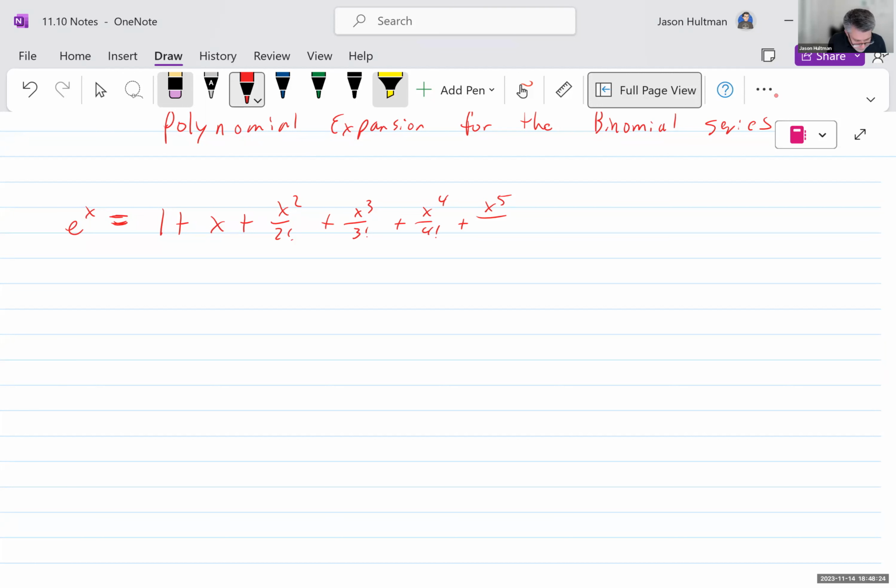X to the 5th over 5 factorial plus x to the 6th over 6 factorial plus, and there's a reason I'm going out this far, x to the 7th over 7 factorial plus x to the 8th over 8 factorial plus x to the 9th over 9 factorial.